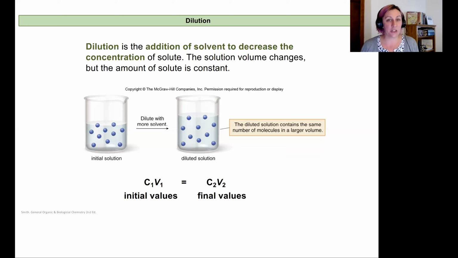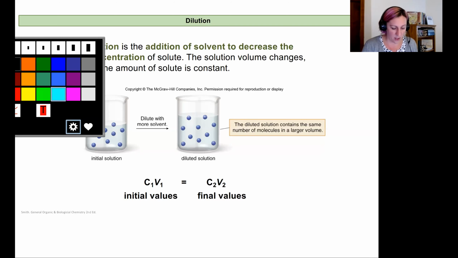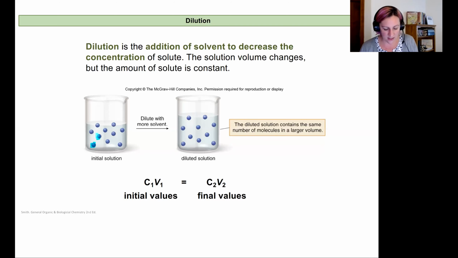I like this picture on the screen because the number of dots are supposed to represent solute particles, and you can see there's the exact same number of them in both of these beakers. The only difference is the amount of water that's been added to the beaker relative to those particles.